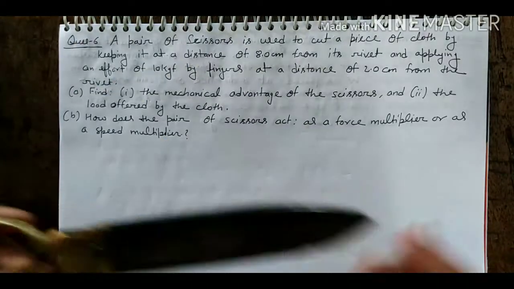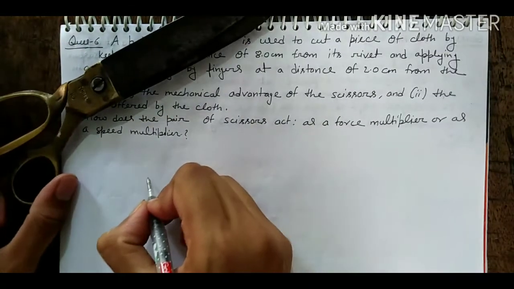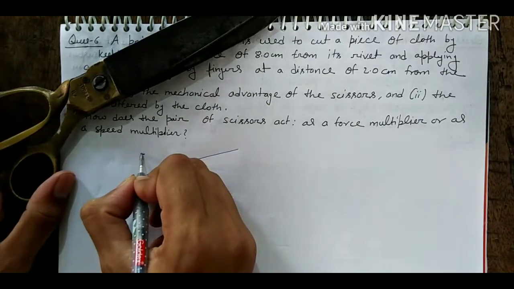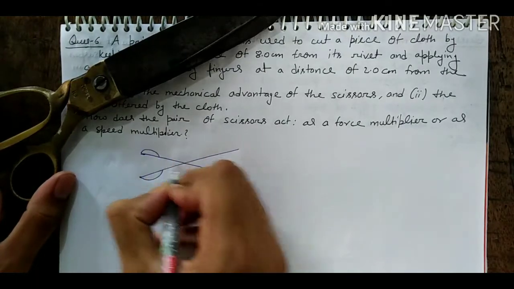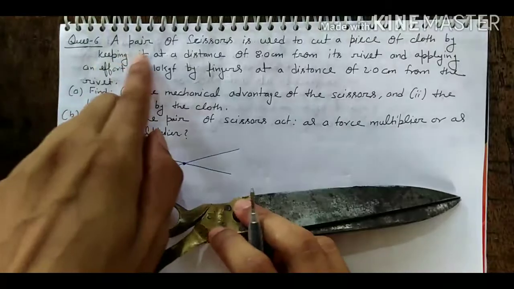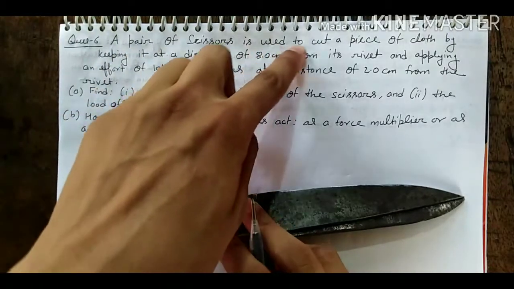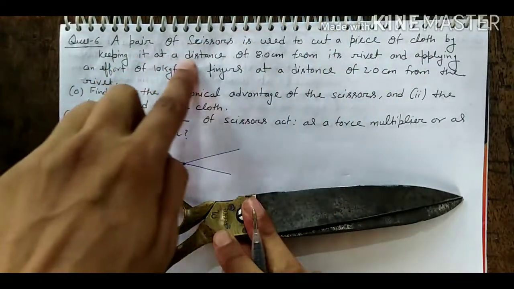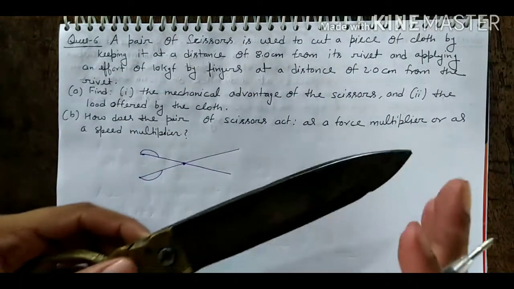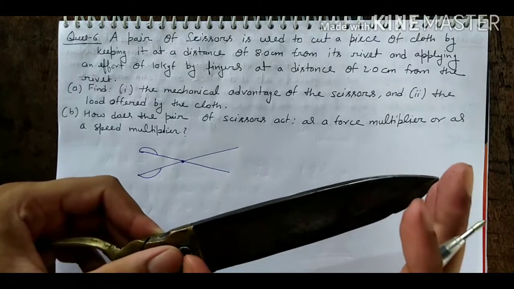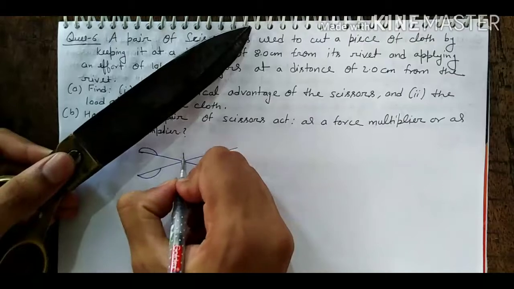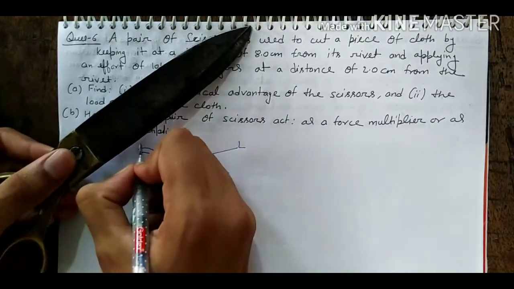Student, this is a scissor, and in the case of a scissor, first we will draw a scissor like this. This is the rivet. According to the question, a pair of scissors is used to cut a piece of cloth, keeping it at a distance of 8 cm from its rivet. It means the distance from rivet to load is given as 8 cm. So this is the fulcrum, this is the load, and this is the effort.